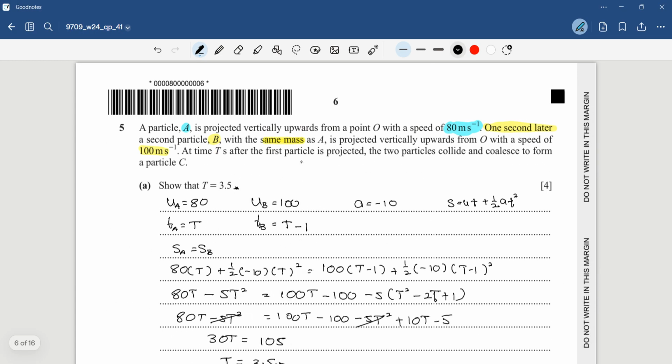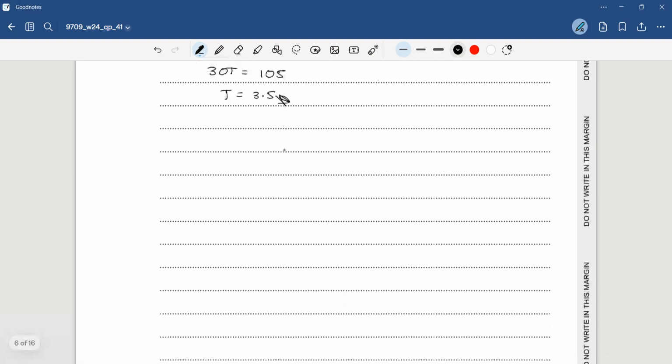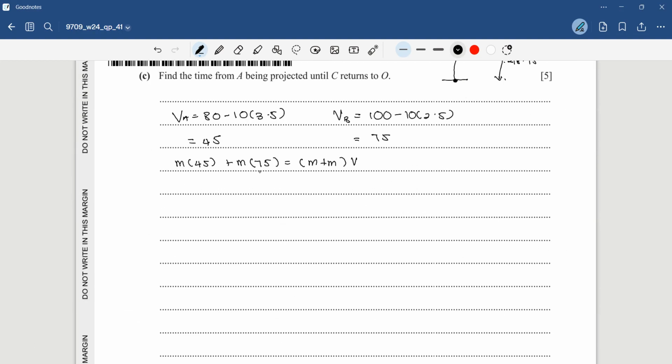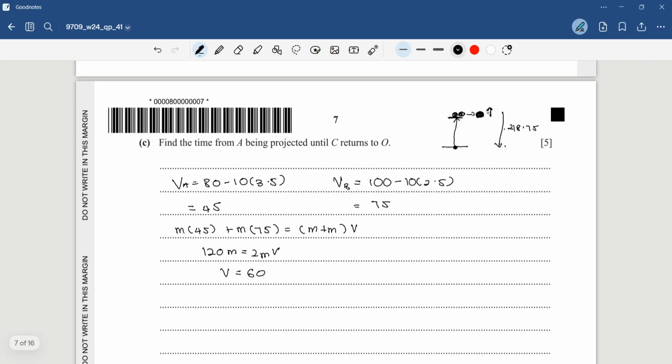Here the mass of A and the mass of B is the same, so I just put it as M. So it's going to be 120 M equal to 2MV. Therefore, V equal to 60, means the object is going in the upward direction with a speed of 60.